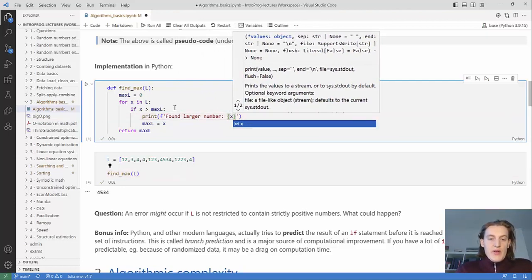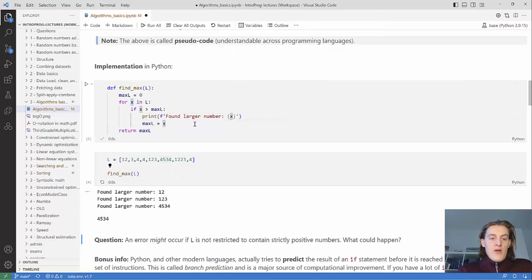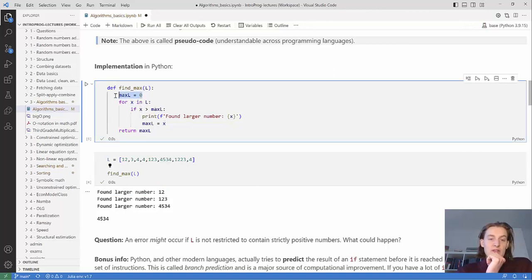So I just want to print each time a new number is found. Then you see you're looping through the list, each element, and then we're printing out each time we're updating maxL. So first we start out with maxL being 0, so the first number will always be larger because we're looking at positive numbers.